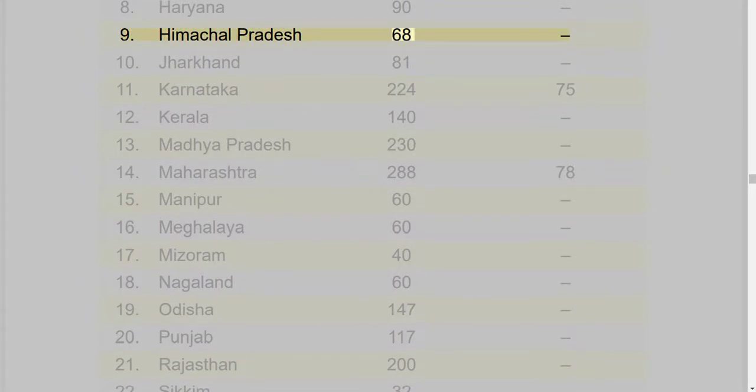8. Haryana 90. 9. Himachal Pradesh 68. 10. Jharkhand 81. 11. Karnataka 224, 75. 12. Kerala 140. 13. Madhya Pradesh 230. 14. Maharashtra 288, 78. 15. Manipur 60. 16. Meghalaya 60. 17. Mizoram 40. 18.